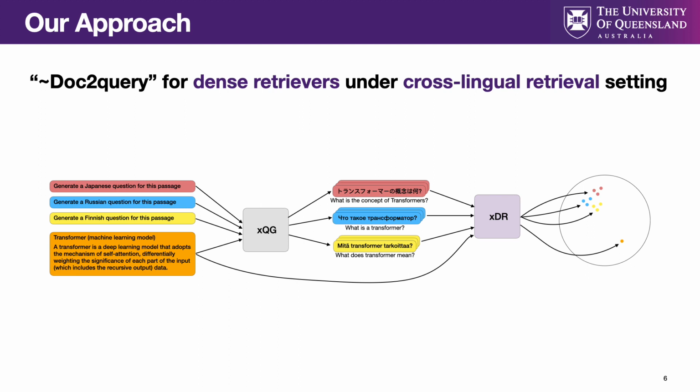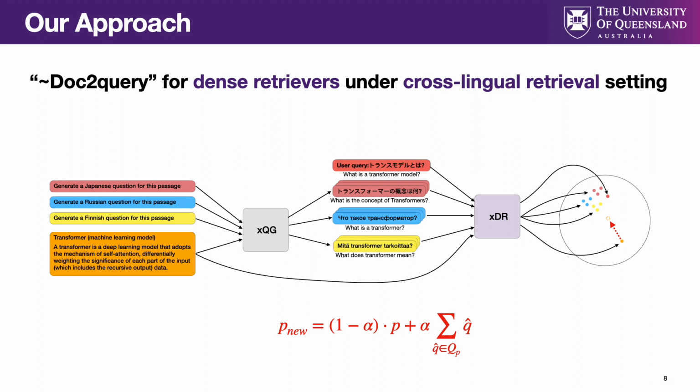We then encode all the generated queries as well as the original passage into the vector space with the target cross-lingual dense retriever encoder. Next, we augment the original passage vector by moving it towards the generated query vector. For this, we just use a simple weighted sum between the original passage vector and the generated query vectors, and we use a hyperparameter alpha to control the contribution from both sides.